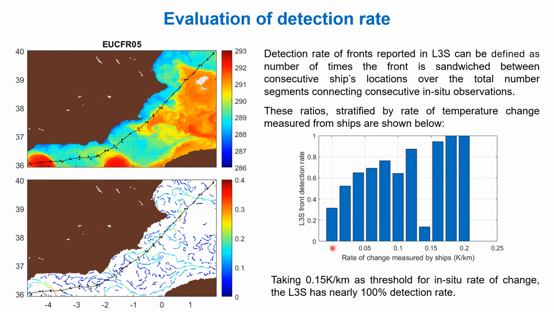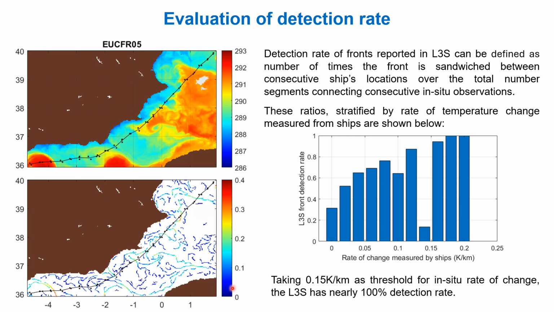Now, the very first bin is where there was almost no change in the consecutive ship's observations. Nevertheless, there's some amount, not too many, but some amount of line segments that were identified as crossing some fronts. Those fronts could be very weak fronts, as we could see in these two examples.